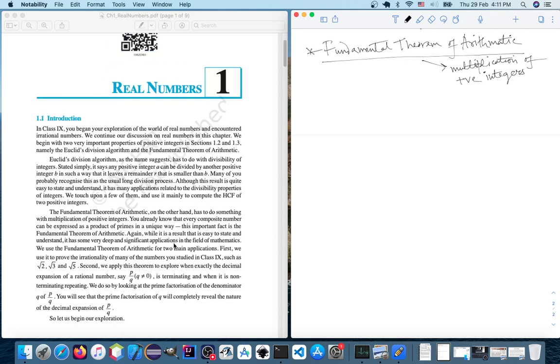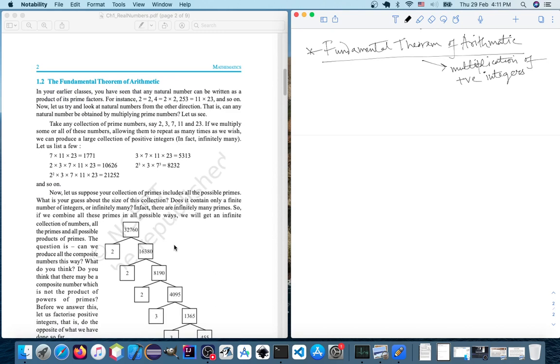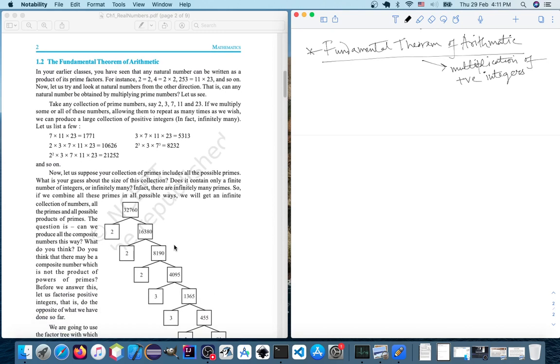Okay, so fundamental theorem of arithmetic. In your earlier classes, you have seen that any natural number can be expressed as a product of its prime factors. For instance, 2.